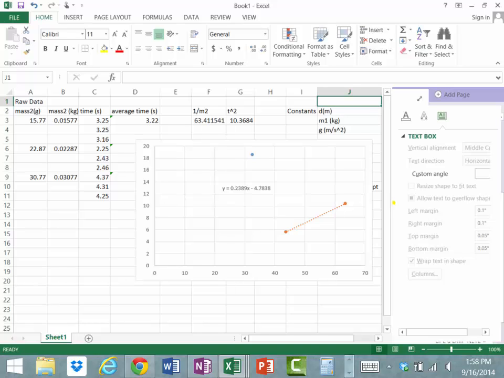Don't save it. The places online, that's fine.